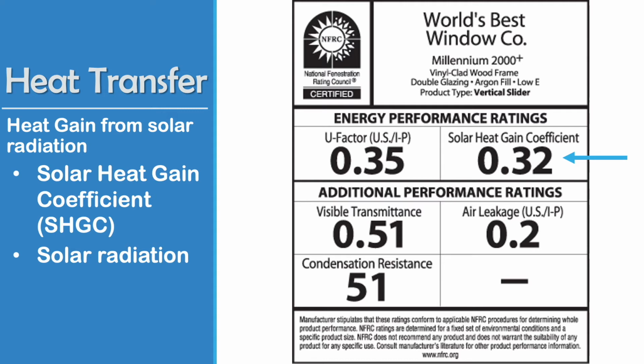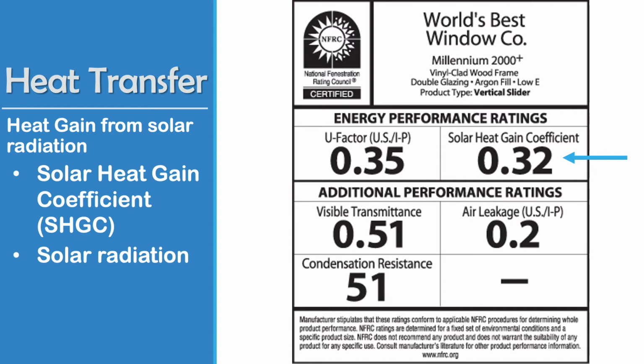So infrared part of light. Light is visible, infrared is heat. The solar heat gain coefficient is a measure of that fraction of the incident solar radiation that actually enters a building through the window as heat gain.